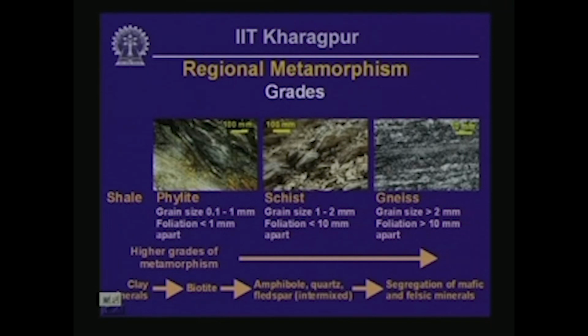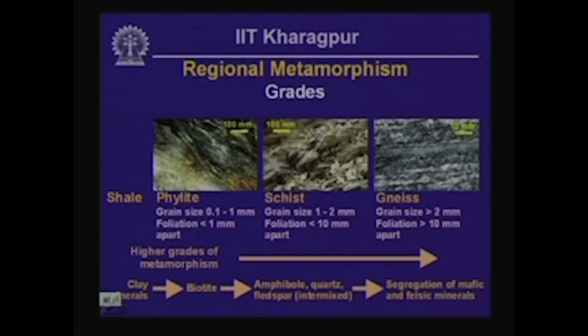This particular type of metamorphism involves application of directional pressure, and that directional pressure application leads to the segregation of mafic and felsic minerals, leading often to a foliated structure like what is seen in the pictures of phyllite, schist and gneiss. All of them are examples really of foliated rocks, which is actually a composition of plate like entities.